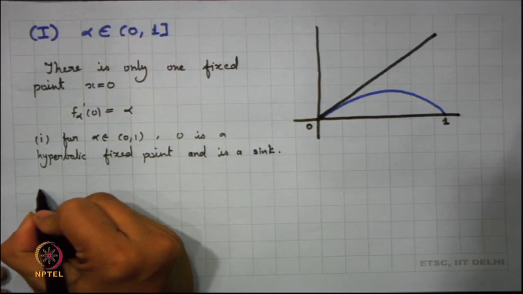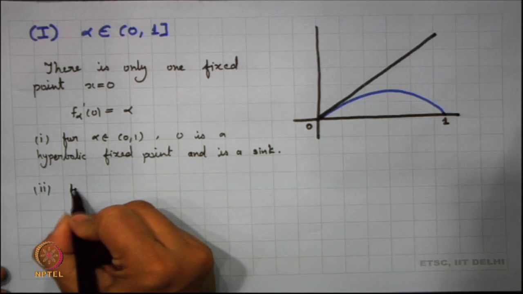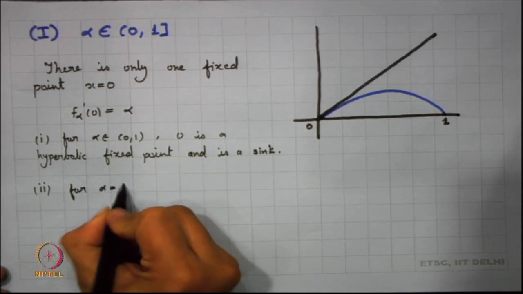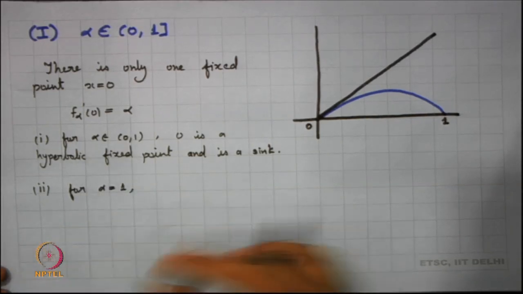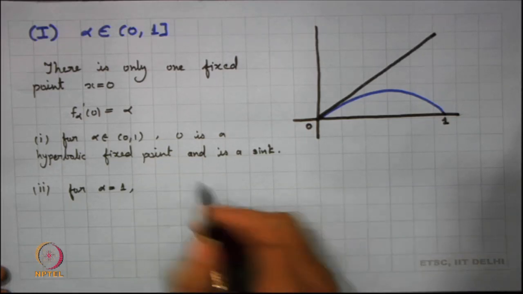What happens to alpha equal to 1? Now, when alpha equal to 1, 0 is a non-hyperbolic fixed point.